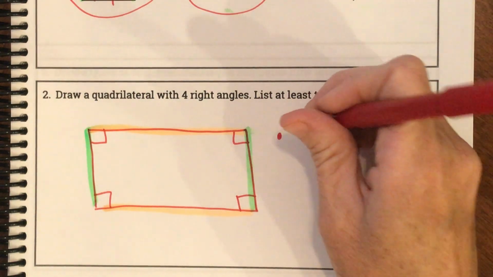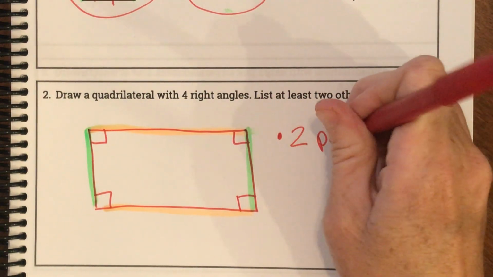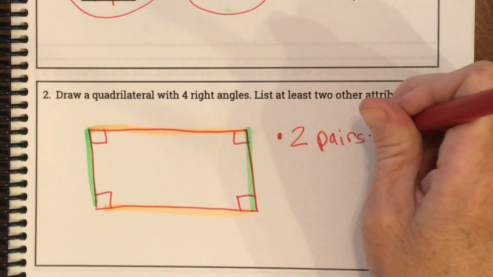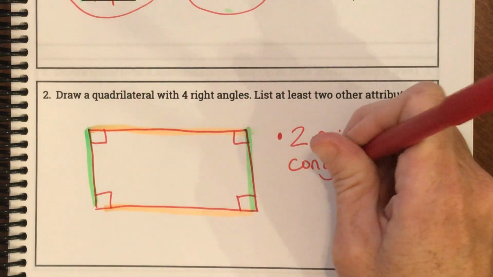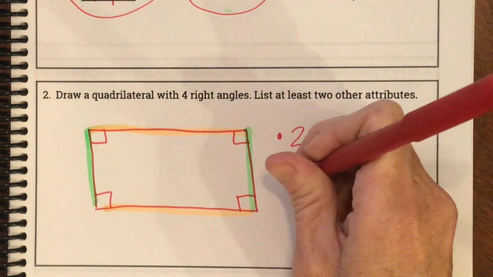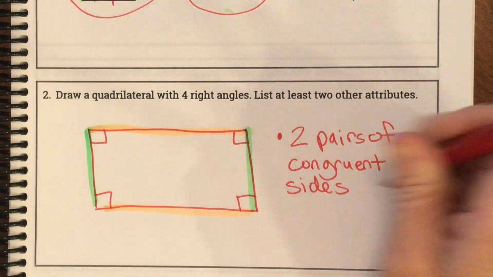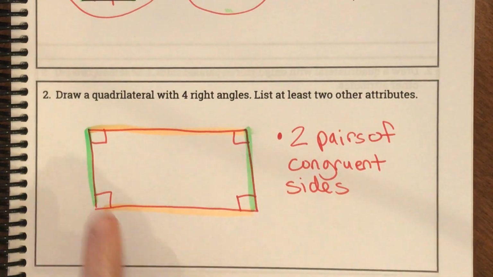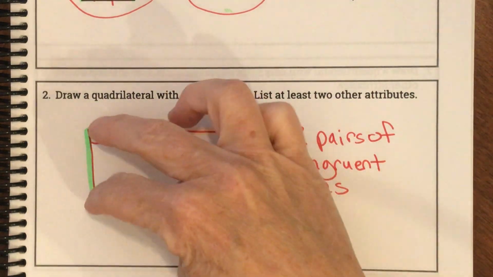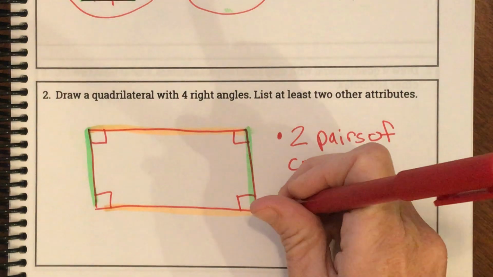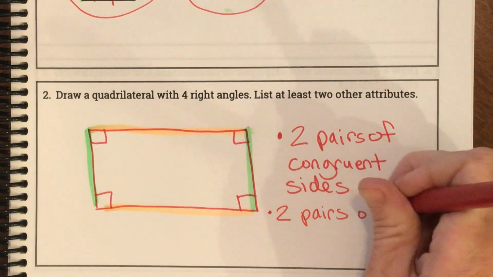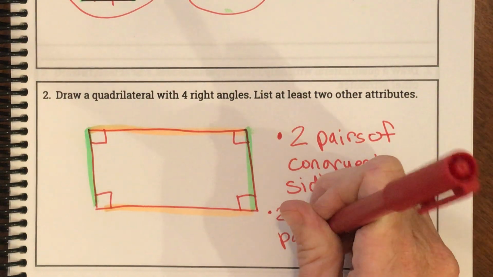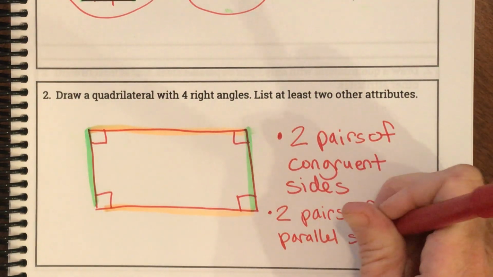So I can say 2 pairs of congruent sides. What else can I say? Aren't these sides parallel and those sides parallel? Yep, so I can say 2 pairs of parallel sides.